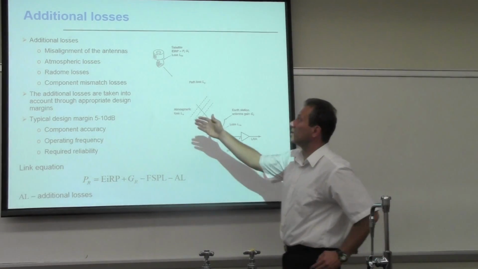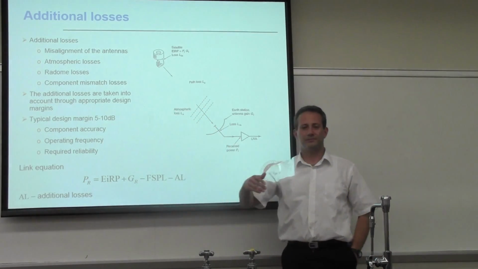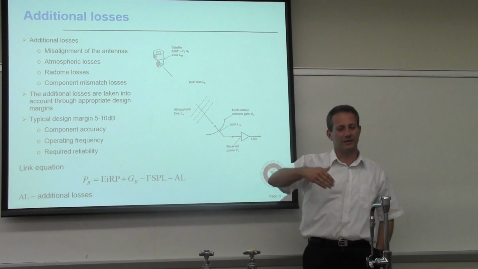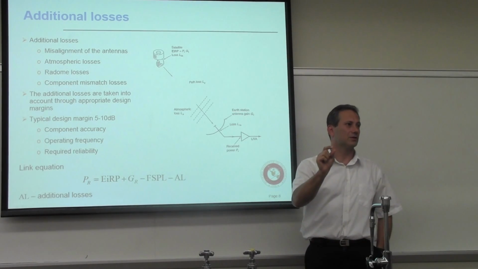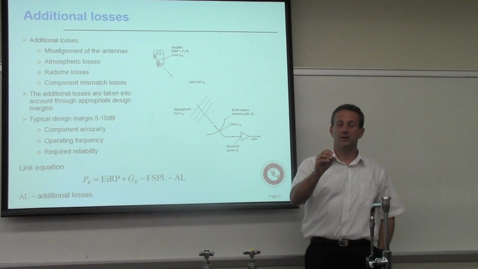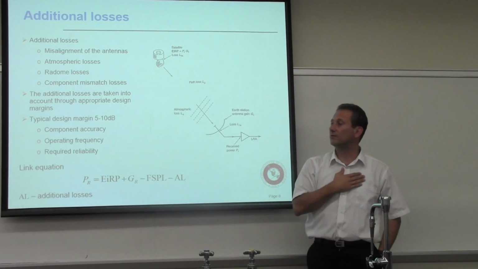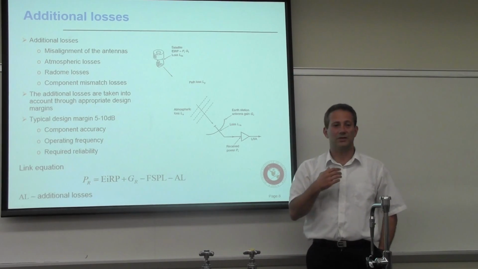There are atmospheric losses. Even though, if you look at the entire length of the path, the path through the atmosphere is relatively short, it's going through some things that have the potential of introducing significant impairments.